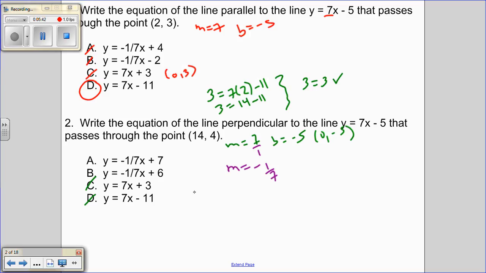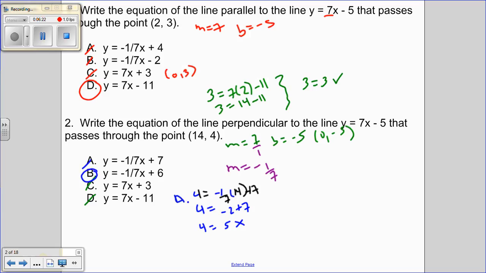The y coordinate is 4, and we're saying it equals negative 1 over 7 times our x coordinate, which is 14, plus 7 for the first equation, or A. So 4 equals negative 1 over 7 times 14, which is negative 2. And negative 2 plus 7 is positive 5. So this one doesn't check out. So A doesn't work. That must mean our answer is B.